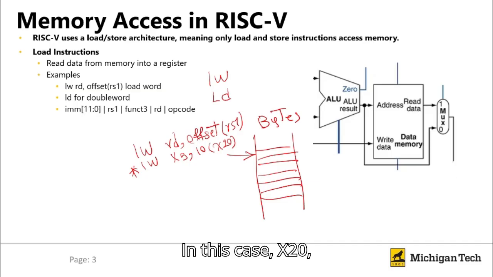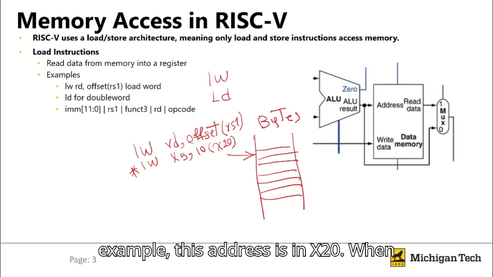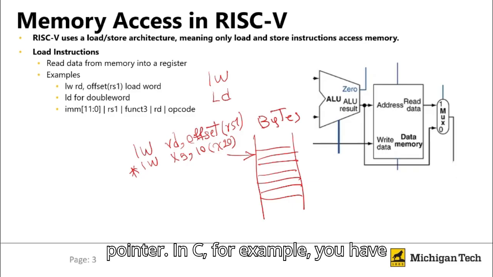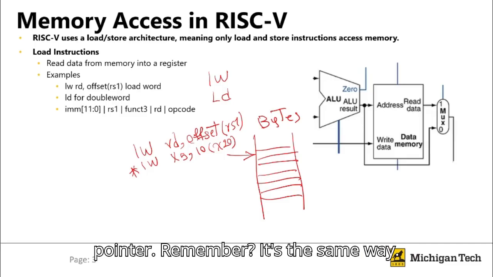In this case, the address is in x20. When we put parentheses, it's like a pointer. In C, for example, you have pointers. Remember, it's the same way.